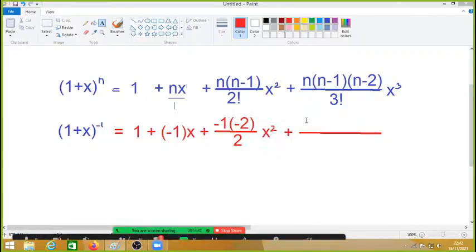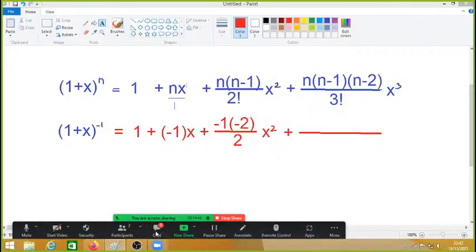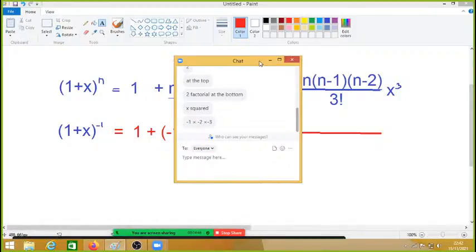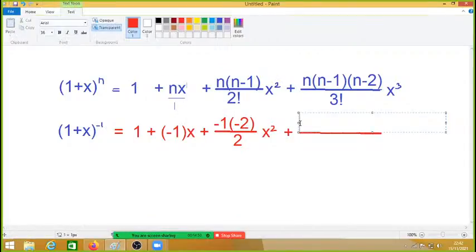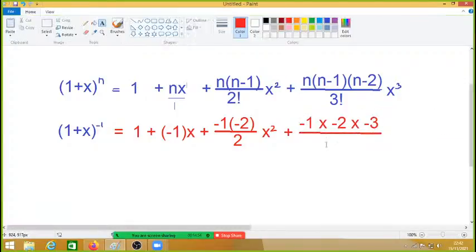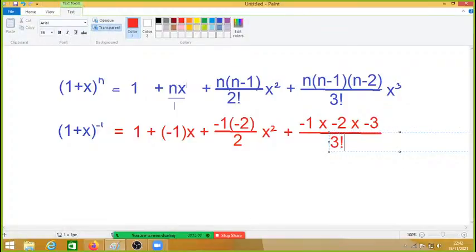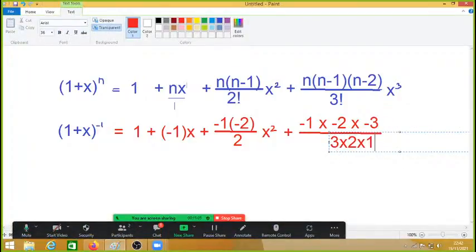But now here comes the first tricky one. So good, -1 times -2 times -3. You're taking that power of -1 and then you're reducing it by 1 each number along. Fantastic, good.